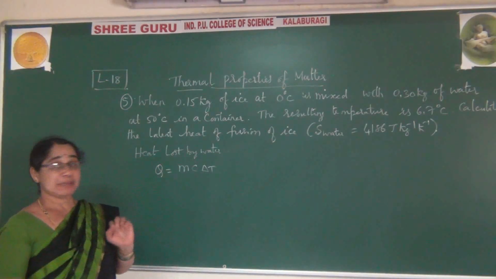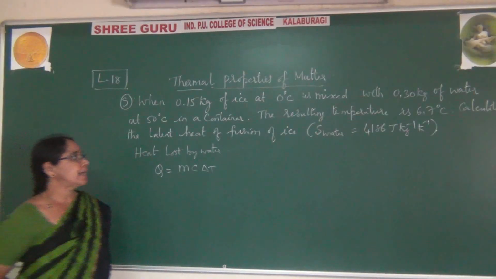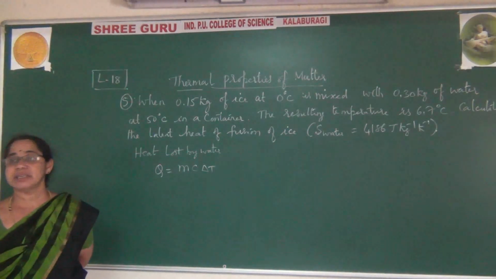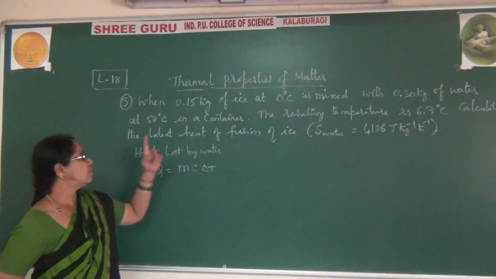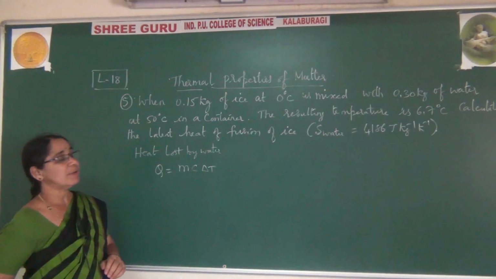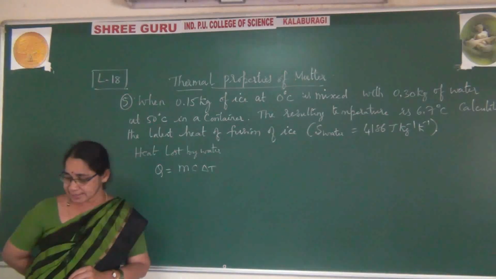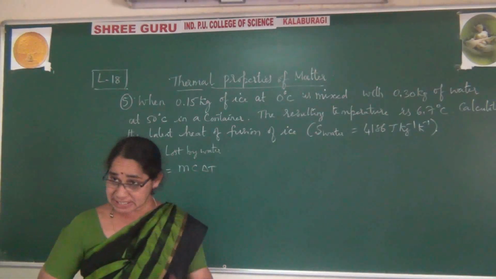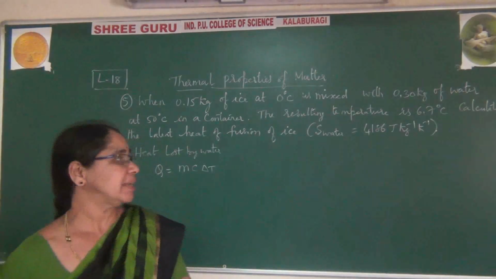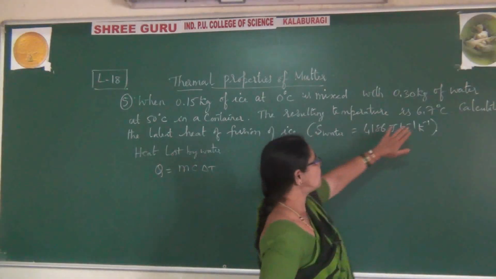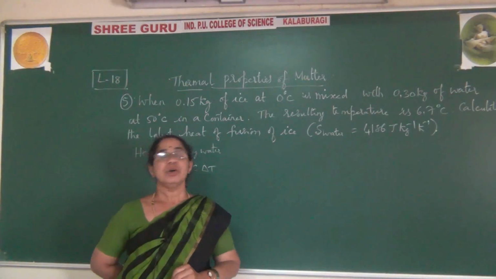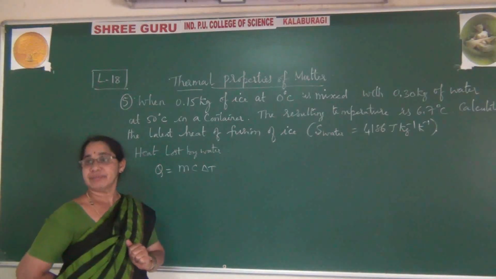What is c? Specific heat of water. What is delta T? The difference in temperature. Earlier the temperature of the water was 50 degrees centigrade, the initial temperature, and the ice was at 0 degrees centigrade. But when you mix them, you get a resulting temperature of 6.7 degrees centigrade. That temperature you have to take here, and take the difference.